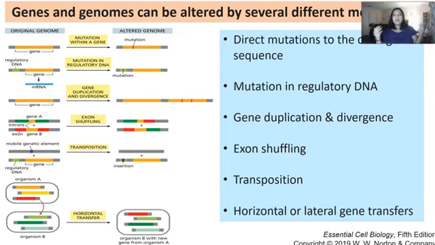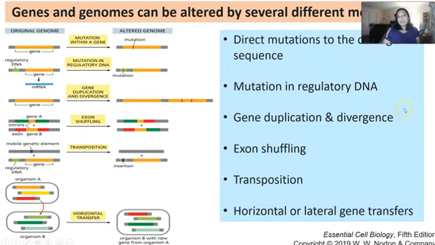It can lead to duplications and multiple copies of the genes being found in multiple places, maybe even. And over time, they can diverge from each other and become different. So gene duplications and subsequent changes in them can be another way that mutations and evolutionary changes are introduced into your genome.